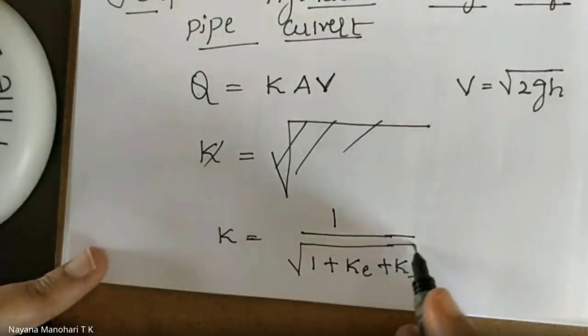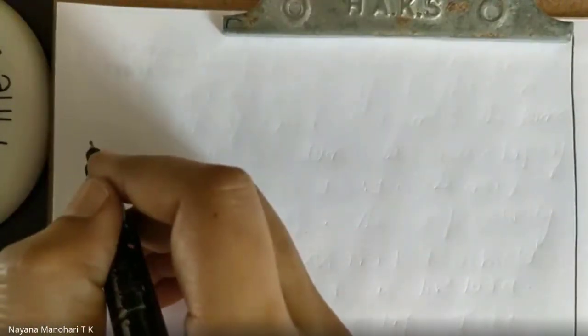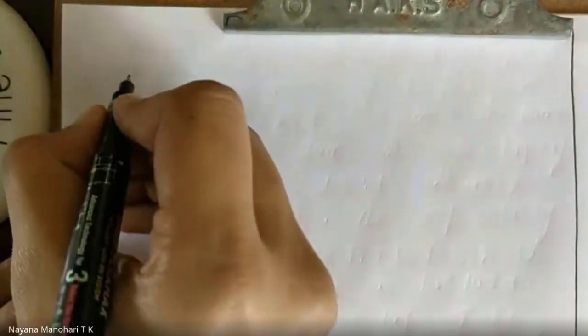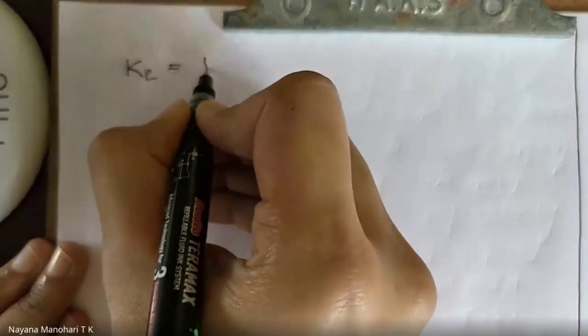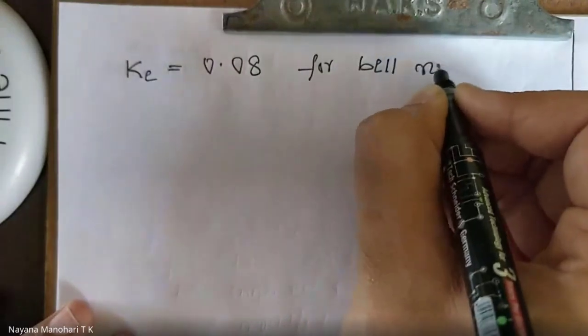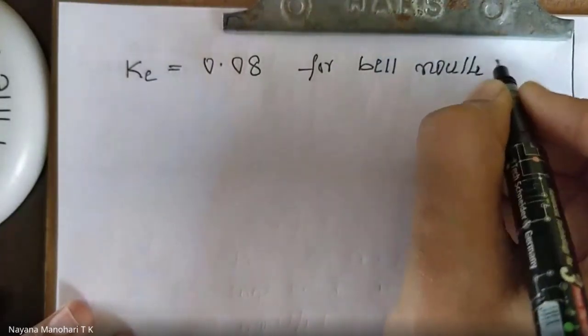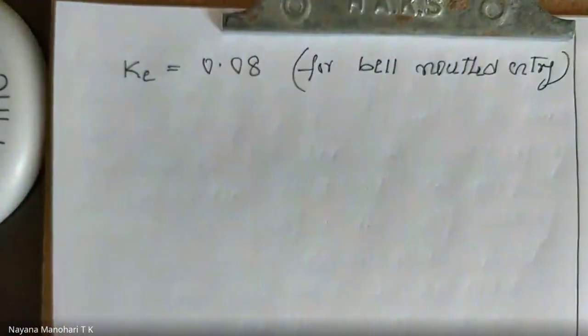What is the KE value? KE is the coefficient of head loss at the entry, and for bell mouthed entry, the KE value is 0.08.